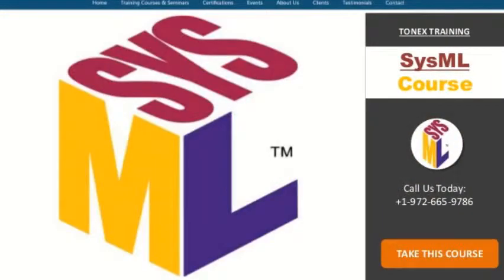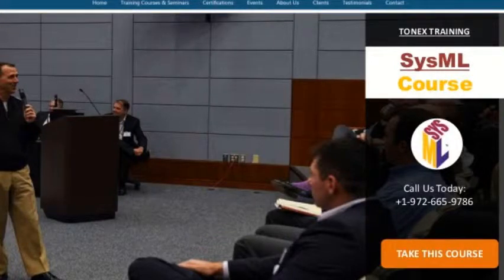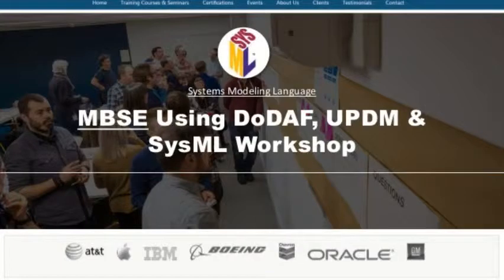It covers DoDAF-2, UPDM2 and SysML themes. It acquaints movement of DoDAF 2.0 with UPDM 2.0 using model-based systems engineering, MBSE, with Systems Modeling Language, SysML. The OMG SysML is the industry standard for MBSE applications.